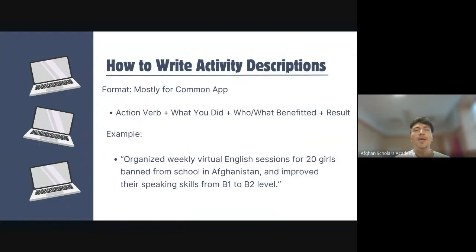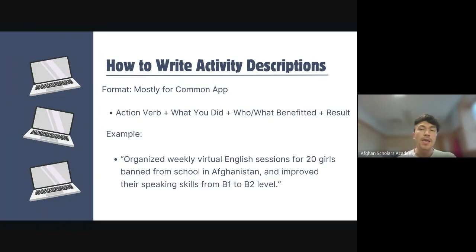The format for your description should be the action verb, what you did, and what or who benefited from your activity, plus the results. It should be in one sentence, very concise, very accurate, and very descriptive of your activity. For example: you organized weekly virtual English sessions for 20 girls banned from school in Afghanistan and improved their speaking skills from B1 to B2 level.